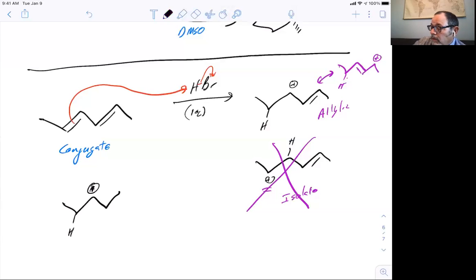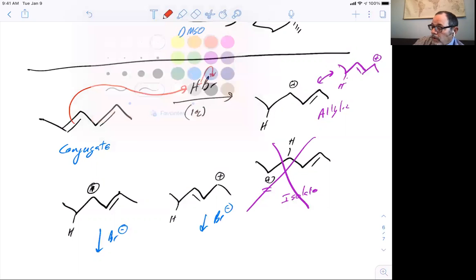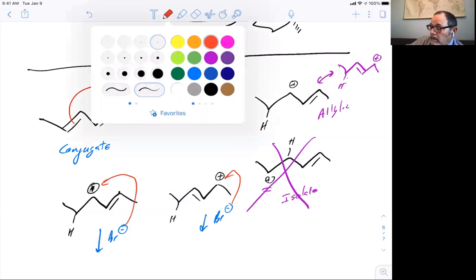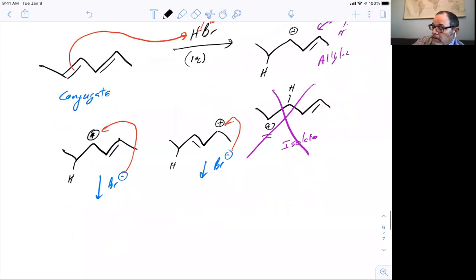Okay. That means if we look at those two possibilities for a diene, let's redraw these carbocations. We've got this plus, and the second one comes from resonance. Now our bromine can attack those two sites. This one would go to this carbocation, this one to that carbocation, and that gives me my two possible products.